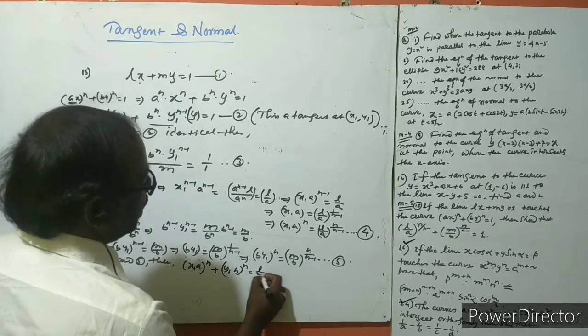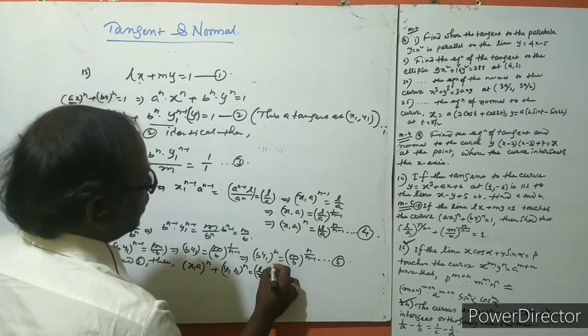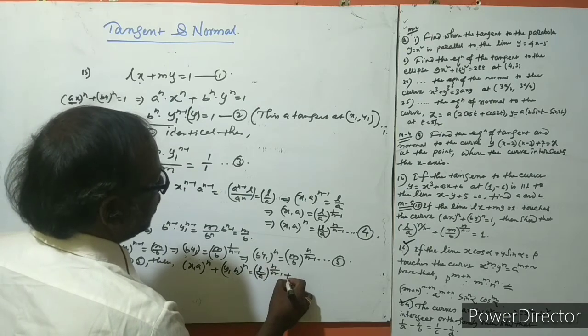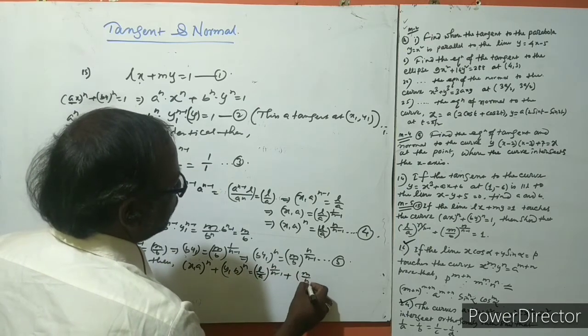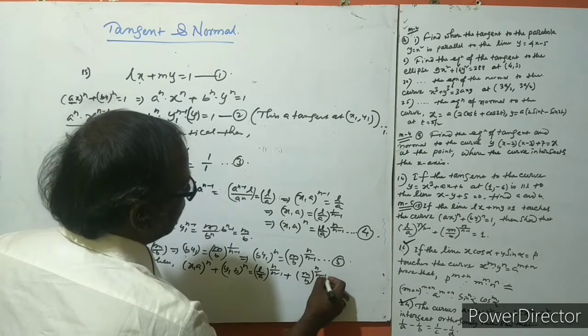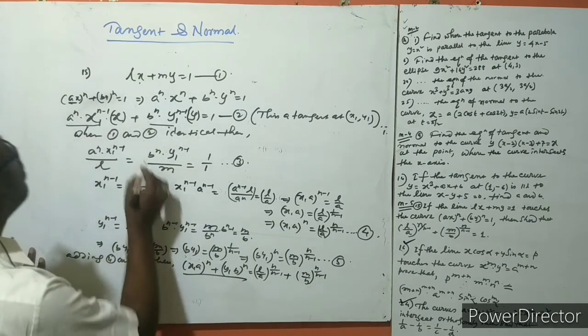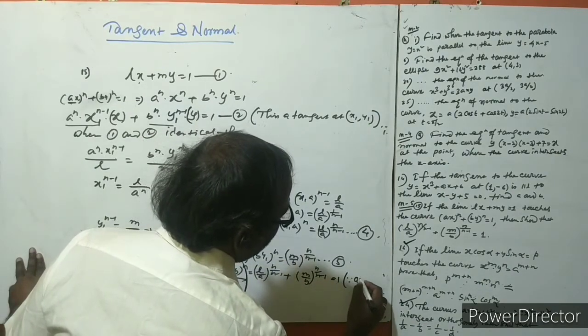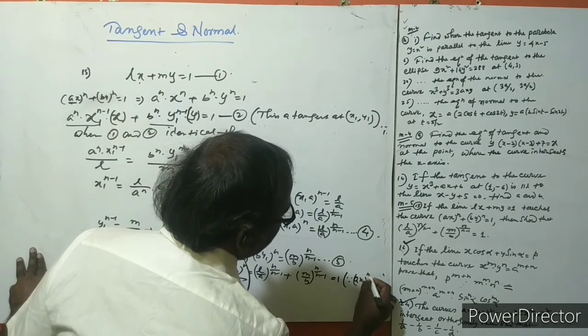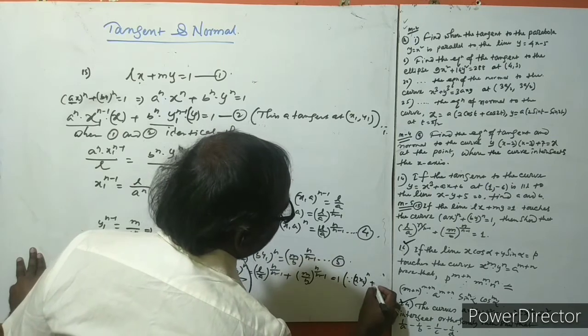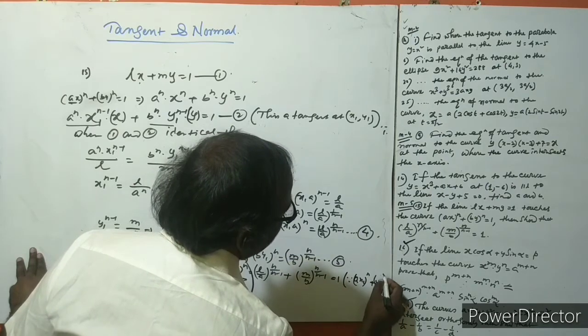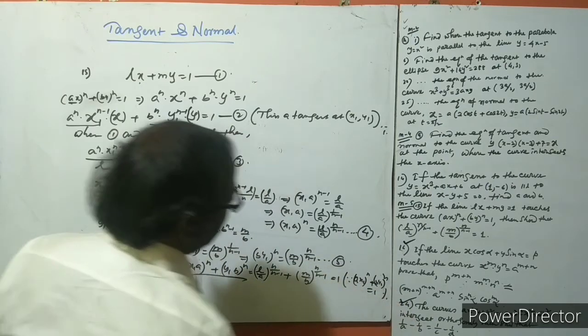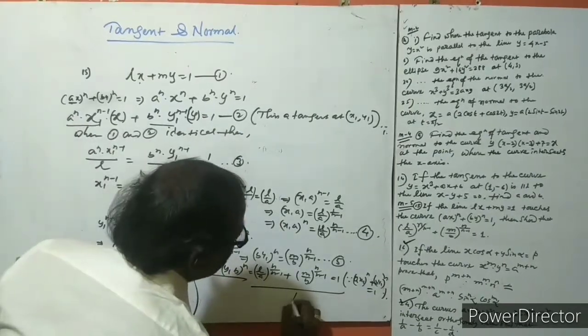So we got here L by a to the power n by n minus 1 plus m by b to the power n by n minus 1. Okay, see this is equal to 1, since a x1 to the power n plus b y1 to the power n is equal to 1. Okay, so it's proved.